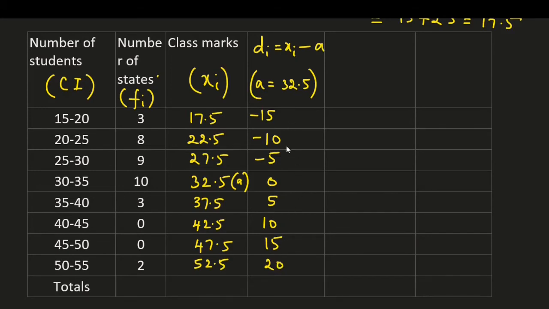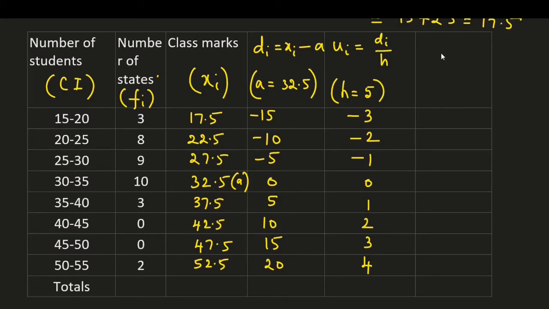These are the deviations. The deviations are multiples of 5. So let us implement step deviation. Step deviation ui is equal to di by h. Here we are taking h as 5. Now minus 15 by 5 is minus 3. Here minus 2, minus 1, 0, 1, 2, 3, 4.